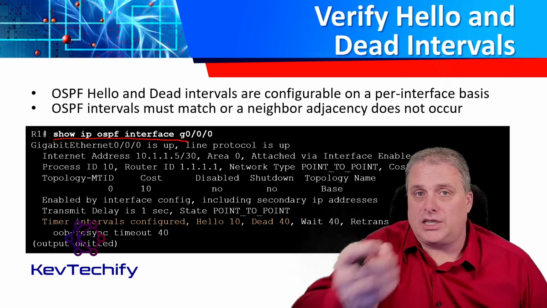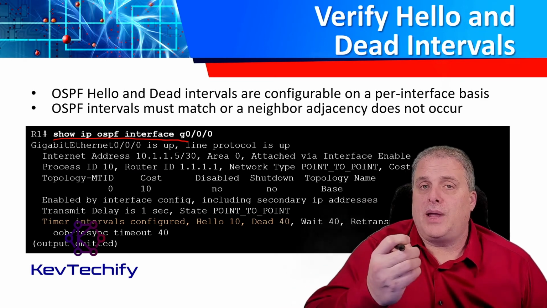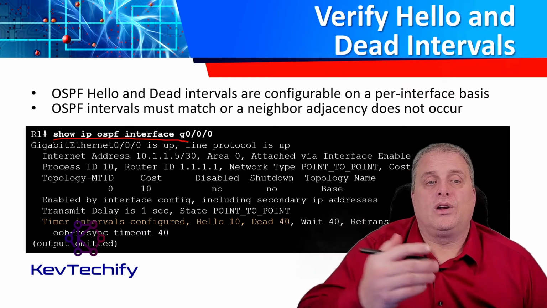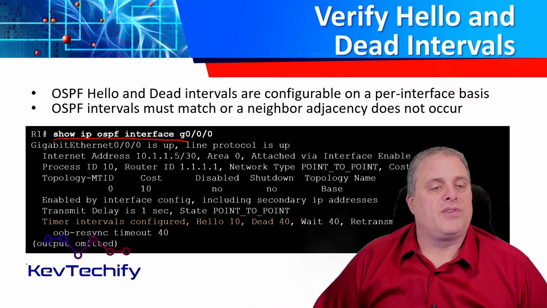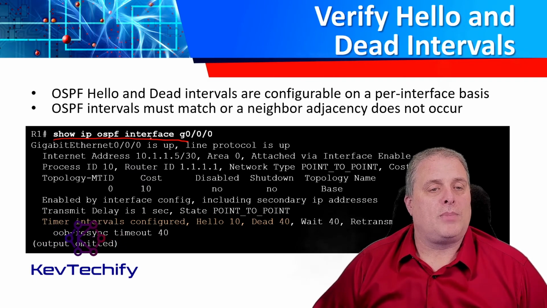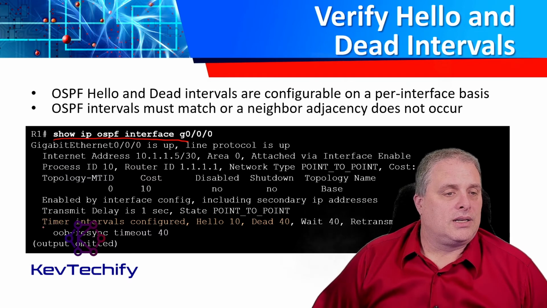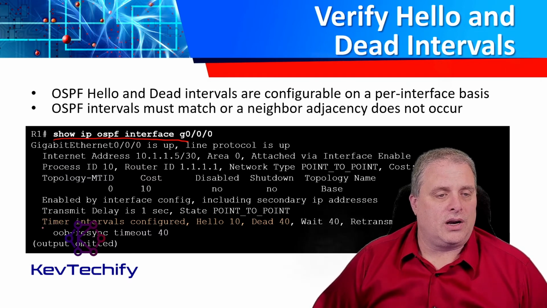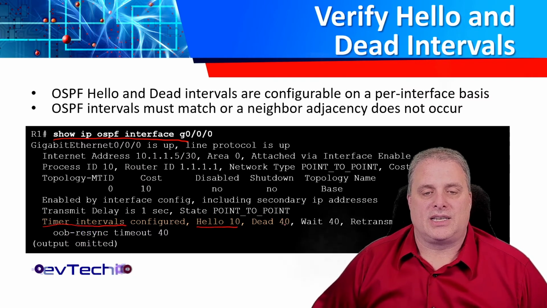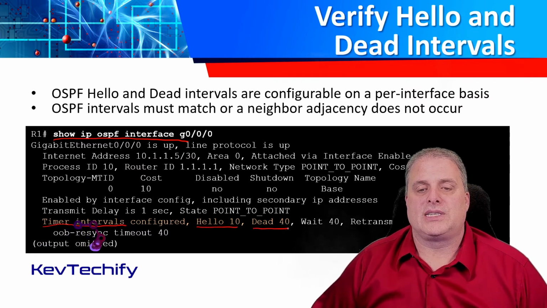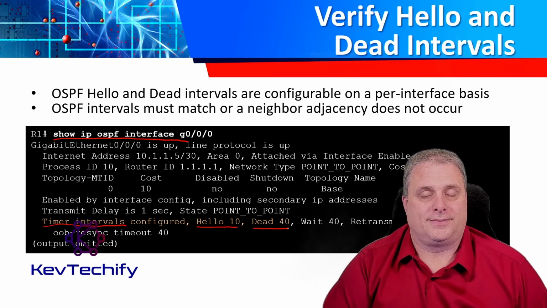So that conversation between those two needs to match. But for each one of those connections, you could have different values. To check what the values are, we do the show ip ospf interface command, and you specify your interface. About 6 lines down here, it lists out our timer intervals. It says our hello timer is set to 10, our dead interval timer is set to 40.